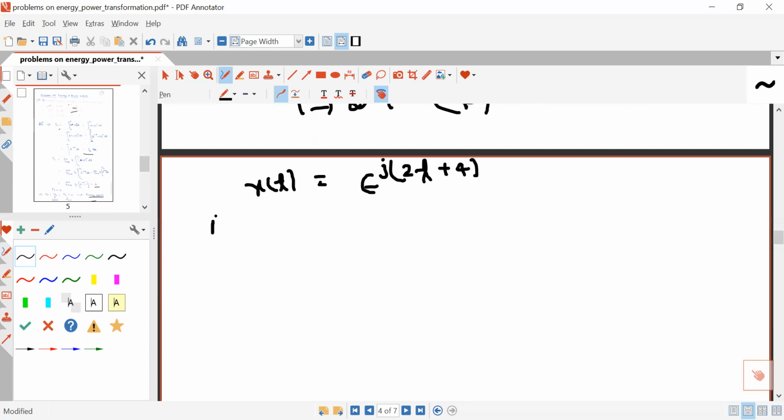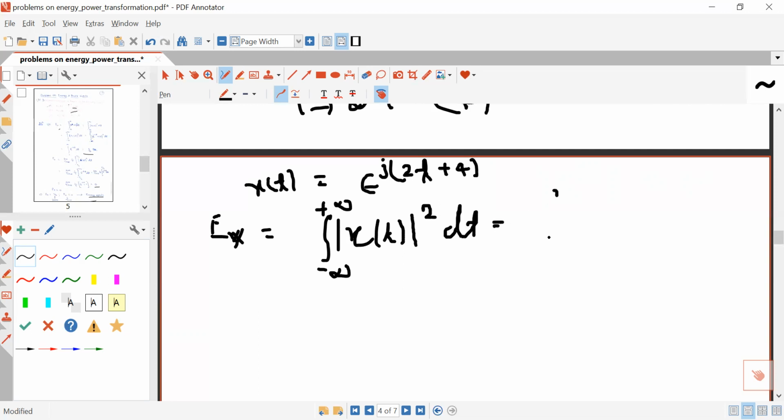Energy of any signal can be given by the integration from minus infinity to plus infinity of mod of x(t) whole square dt.